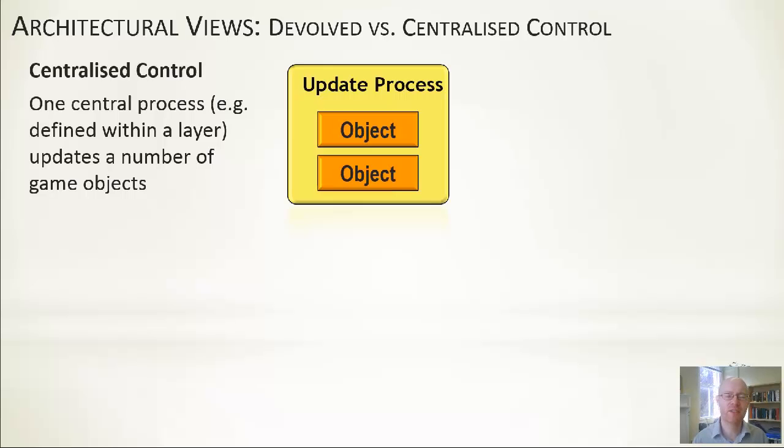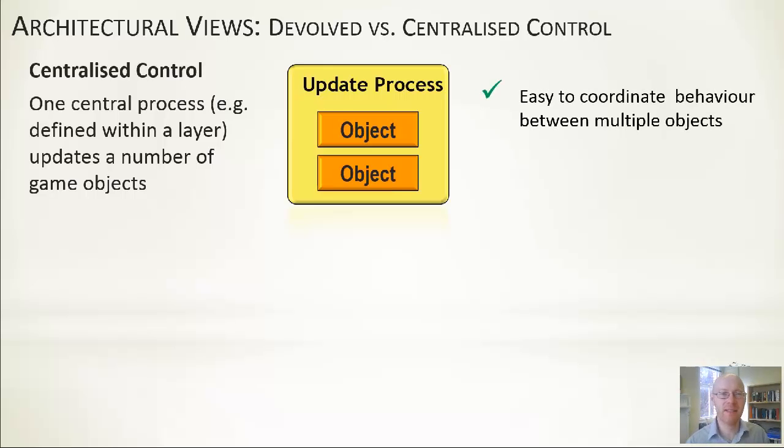So in terms of centralized control, first of all, effectively our level, its update decides precisely what all of the objects do. So effectively, the update at this point is centralized control. It says, object 1, you will do this. Object 2, you will do that. Object 3, you will do that. So it's all held at that one level, and each of the objects are told what it is they will do.